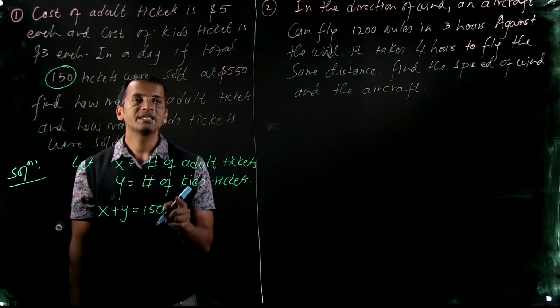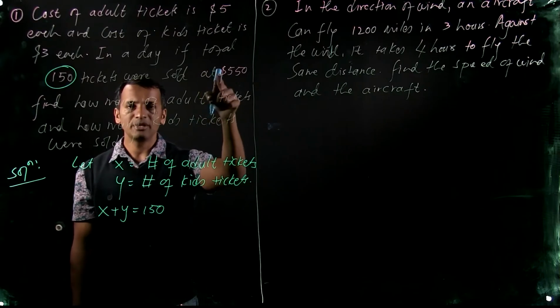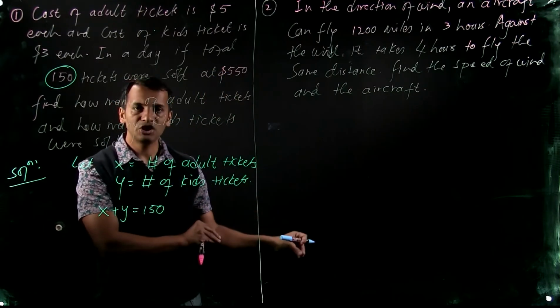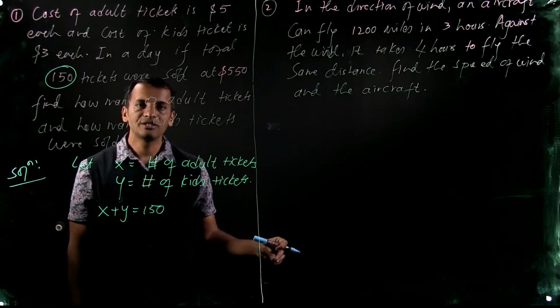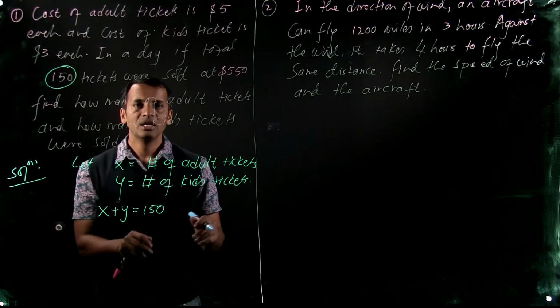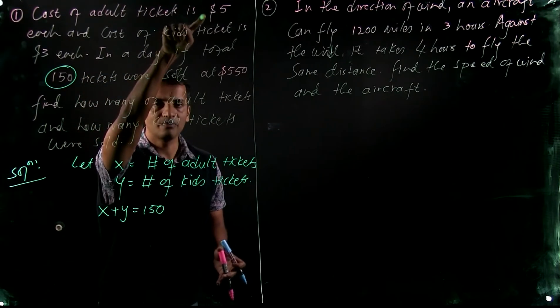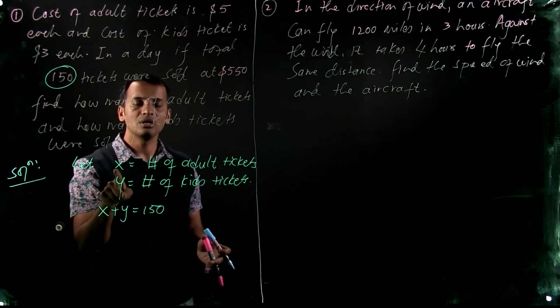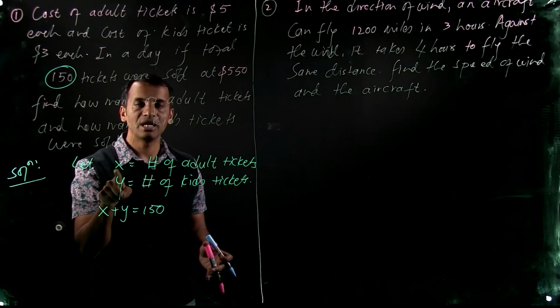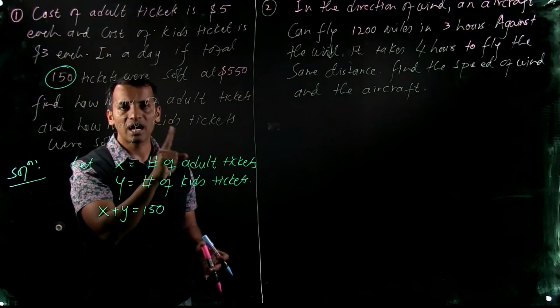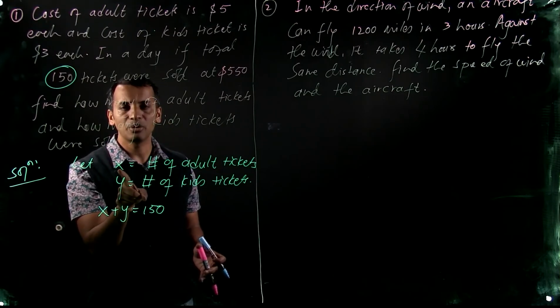Make sense? Next, how much money did they make? $550. That is the money from the kids tickets and the money from the adult tickets added together, right? How much money do they make from adult tickets? One adult ticket costs $5, and they sold x adult tickets.